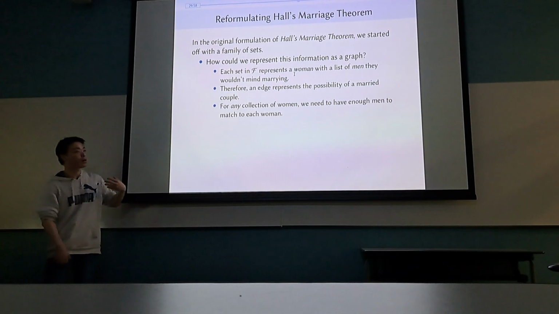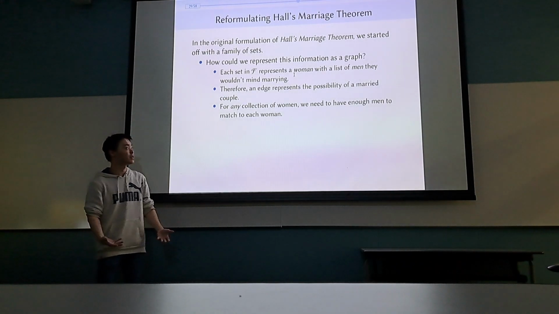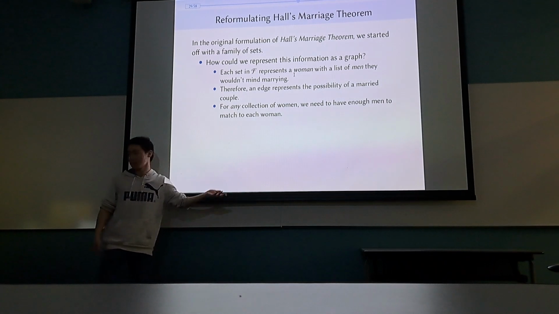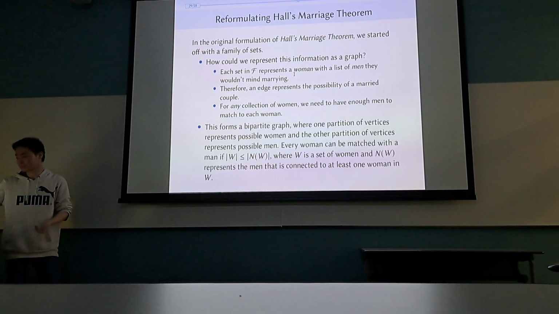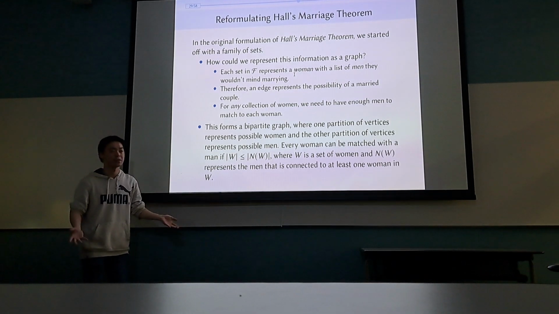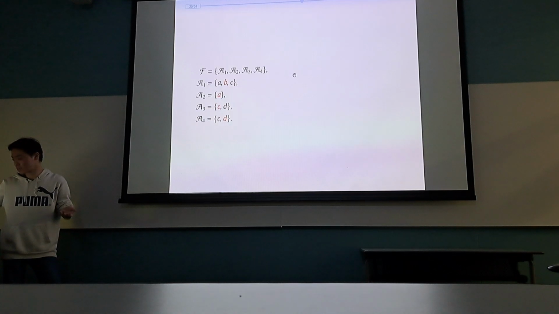So what Hall's marriage theorem is basically saying is, for any collection of women, we need enough men for each of the women. You can imagine here that it forms a bipartite graph. And we'll have a look at the formulation in the next slide.